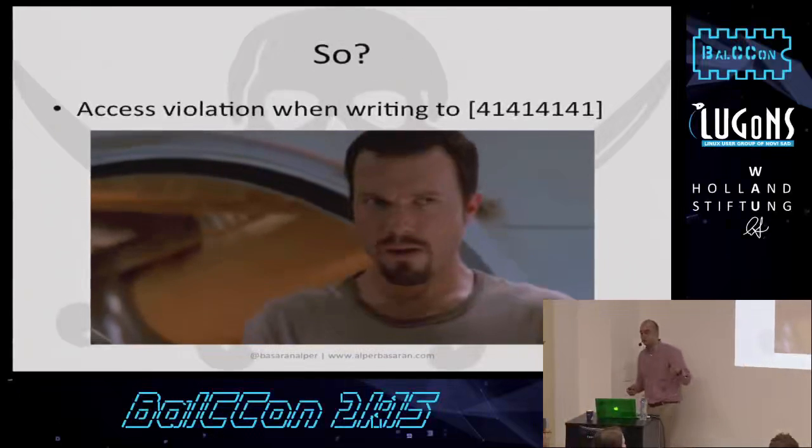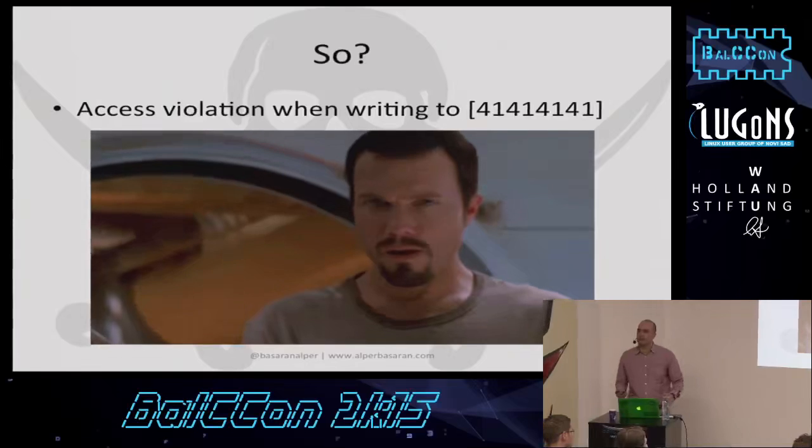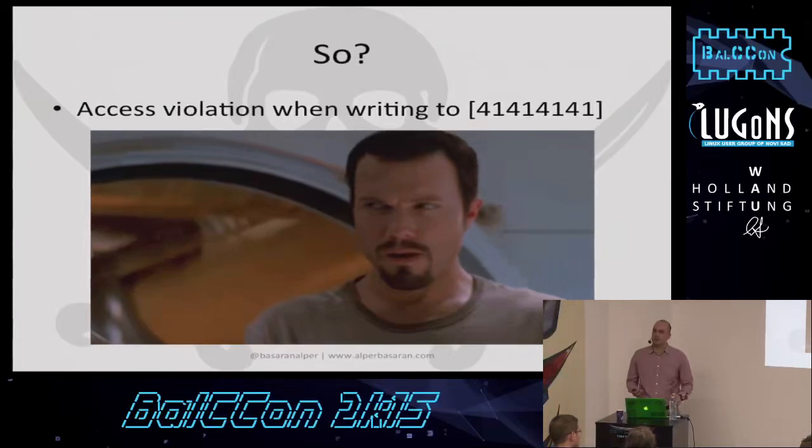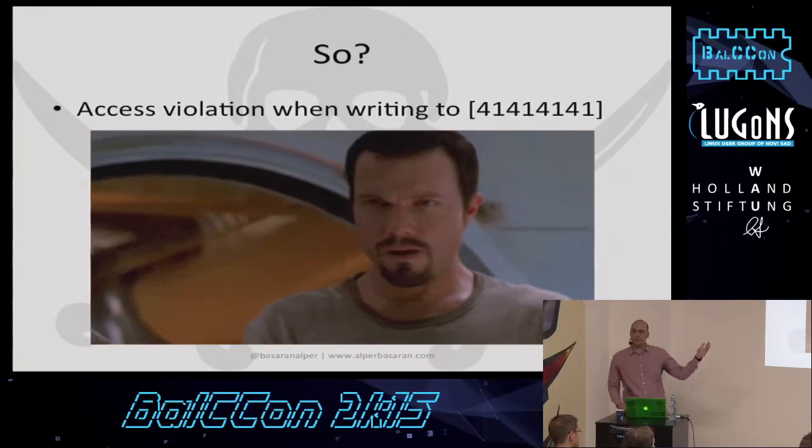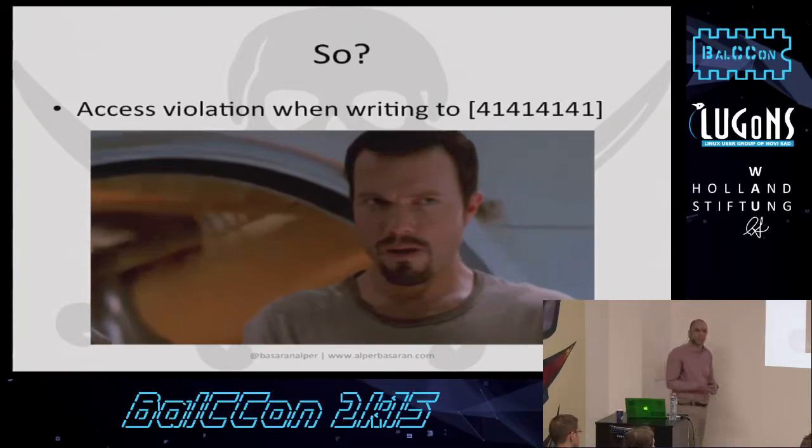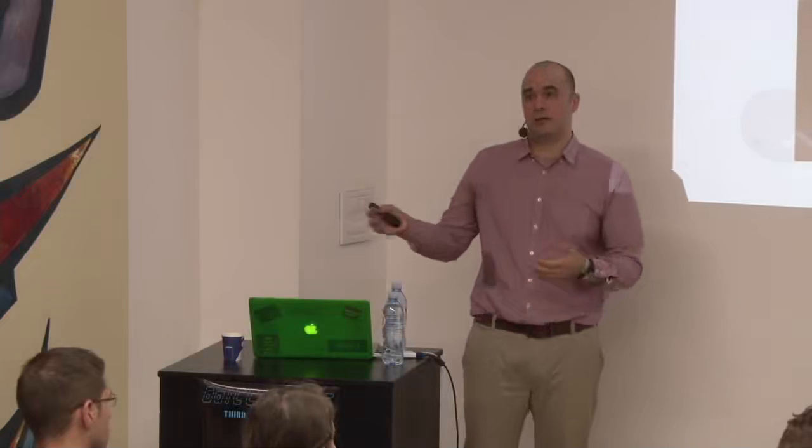And for those who know, 41 is hex for A. So some of the A's I sent, the Vuln server, the software, thought that there was a place in the memory to write something, and it crashed trying to write there.